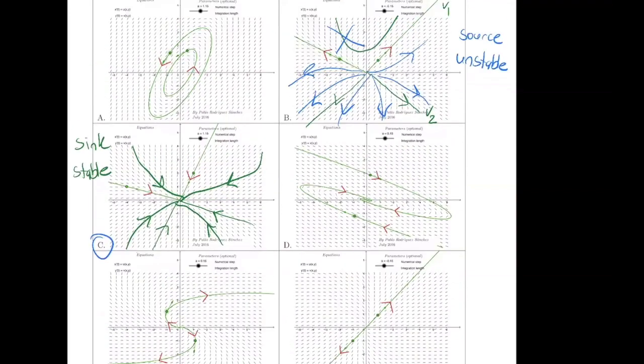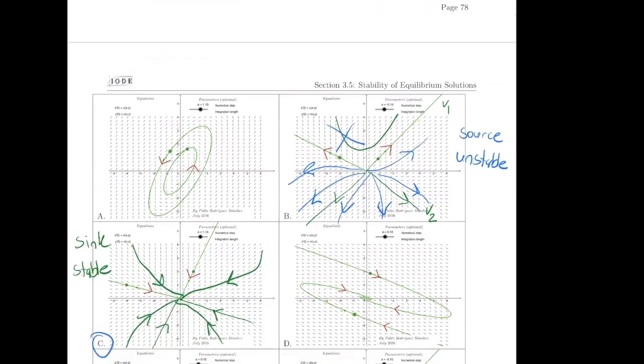So one thing to note, and you can make some general observations here, is that when we have two distinct real eigenvalues, that means we should find two corresponding eigenvectors.